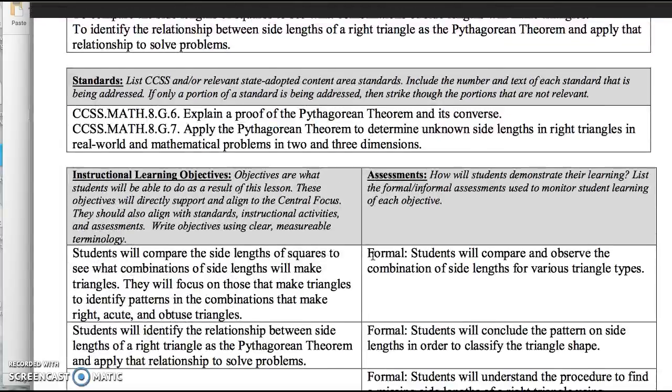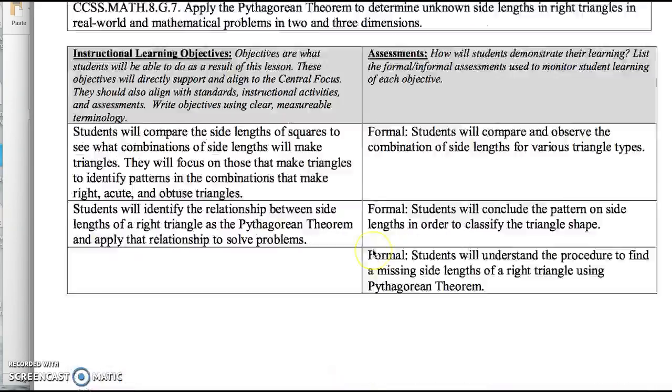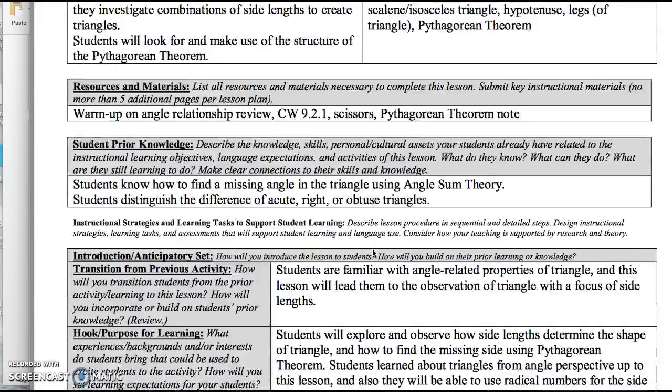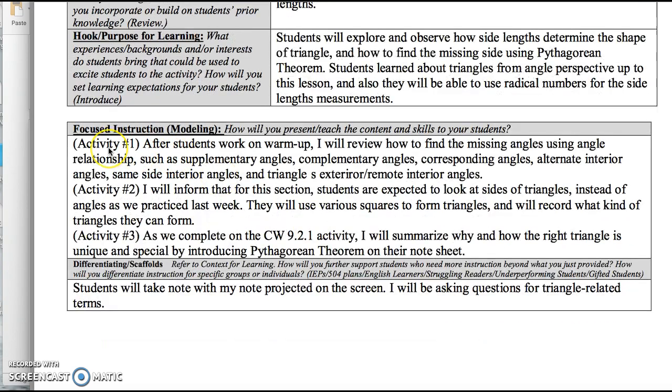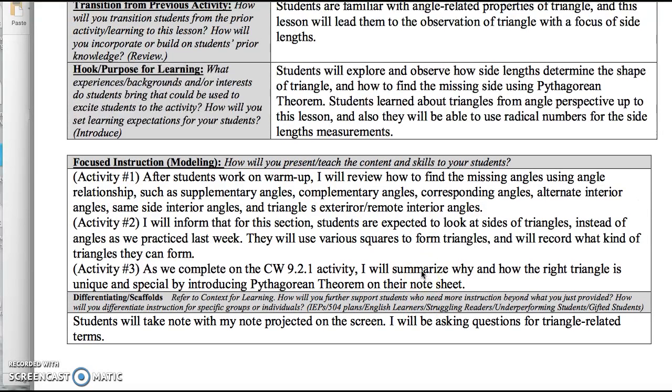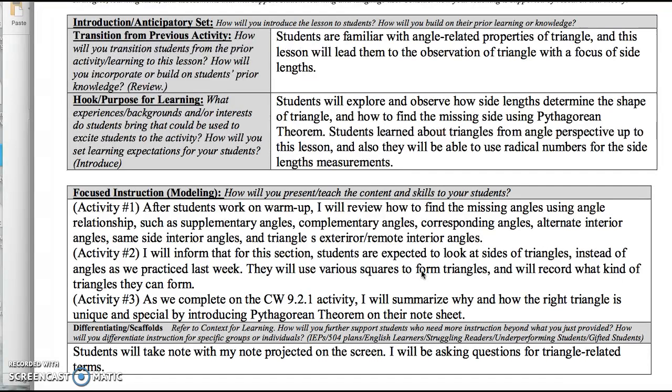I'm a visual learner, so when I see something like this, when she breaks it down to activity 1, activity 2, activity 3, I know exactly what's going to be taking place. Just helping me see it separately like this really does help. And so this is another takeaway that I'll be using in the future.